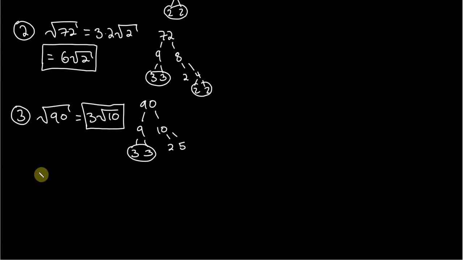The next question, question 4, which we'll write up here to save space, is asking us to simplify square root of 12 over 2. Okay, so again, we'll just create a factor tree just to show all the steps. We know that 12 is 2 times 6. And we know that 6 is 2 times 3. So we can factor out a 2.